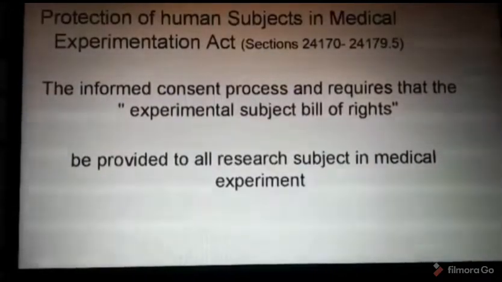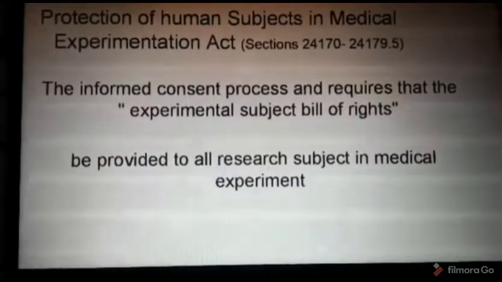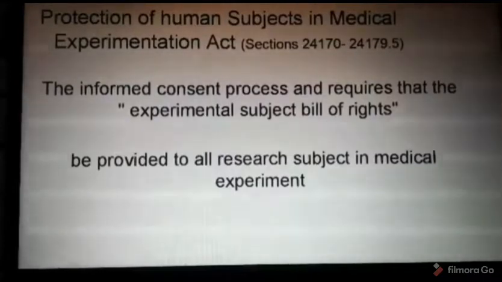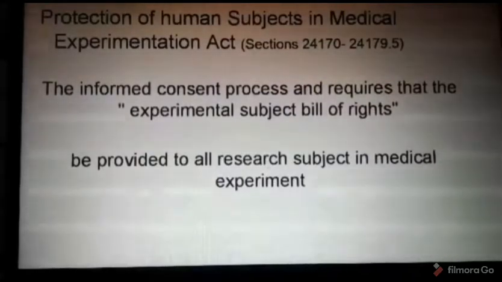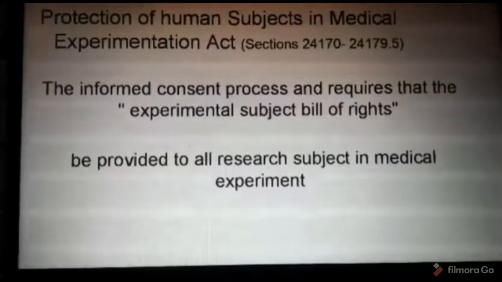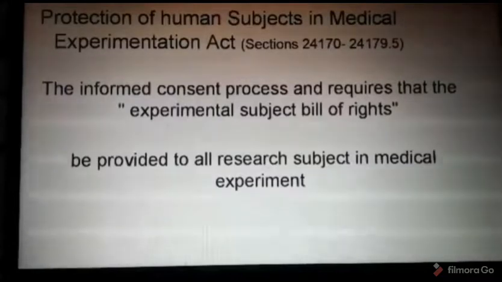Another one is the Protection of Human Subjects in Medical Experimentation Act, Sections 24170 to 24179.5. It requires the informed consent process and that the experimental subject's bill of rights be provided to all research subjects in medical experiments. So, it is similar to the category from the other law earlier.